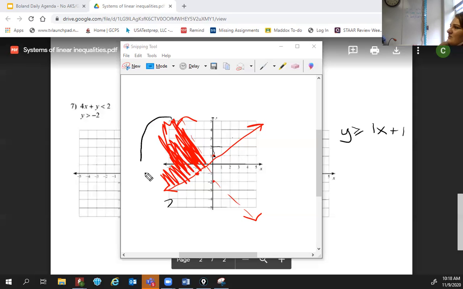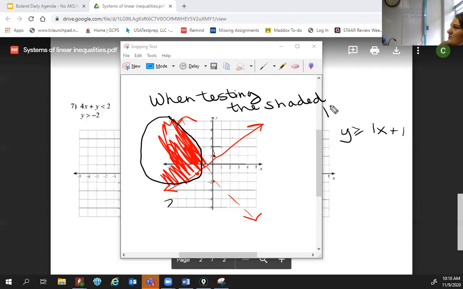So I want you to write this down somewhere. When testing, the shaded portion is the overlap.